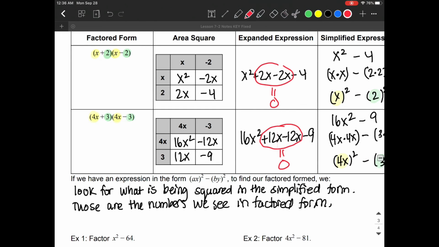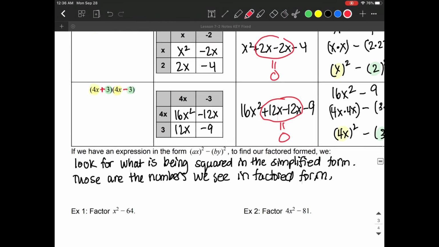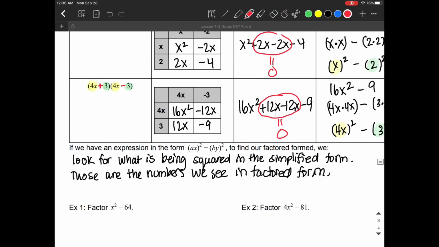Also, if we look at the factored form, another pattern that I see is that I have plus or addition in the first parentheses and subtraction in the second. So if I break down ax squared minus by squared into factored form, I have two parentheses. Ax is the first term, because that's the thing that's being squared first.